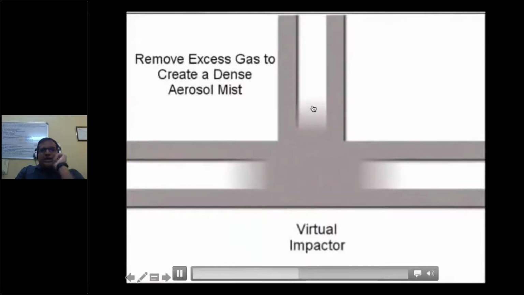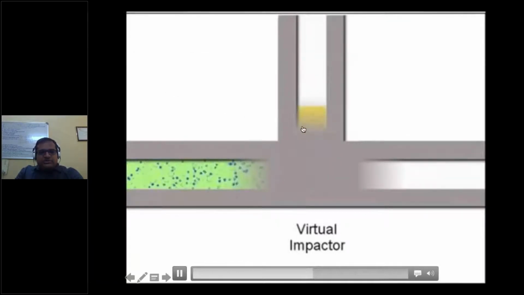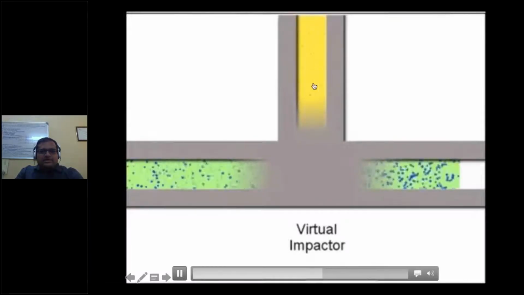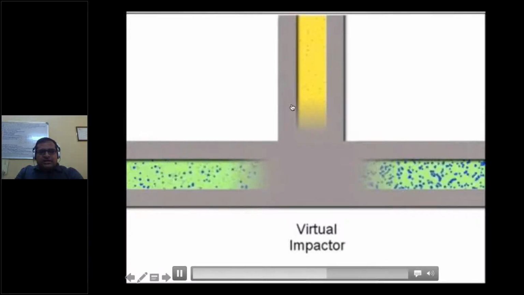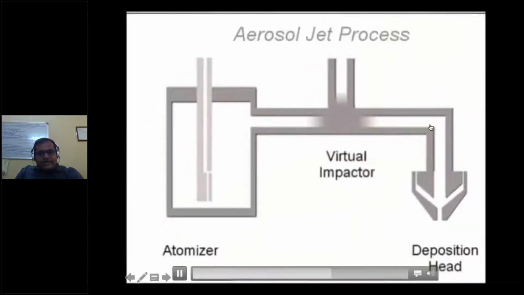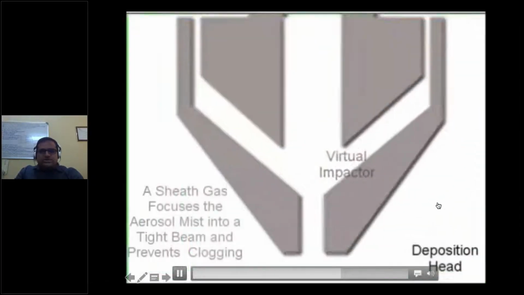There may be a gas entrapped in this, so then you use some kind of mist here, and from the mist you have to remove the oxygen or any other things.